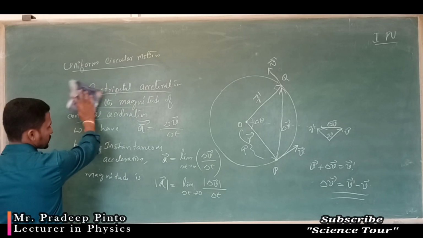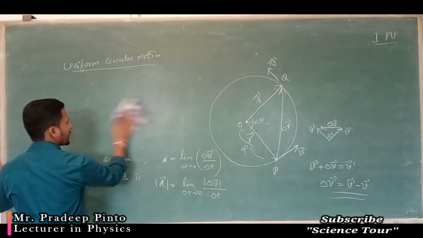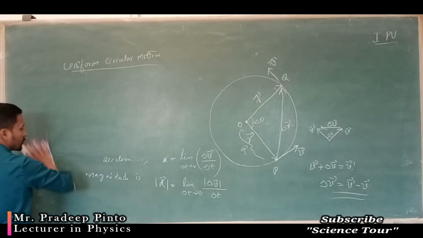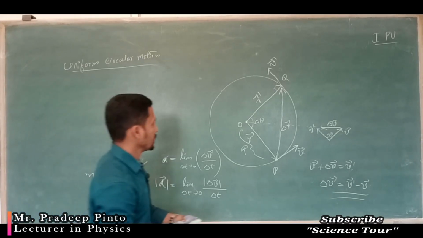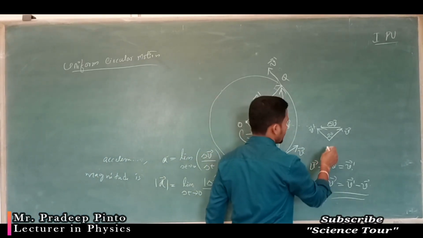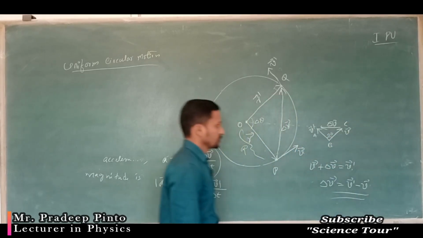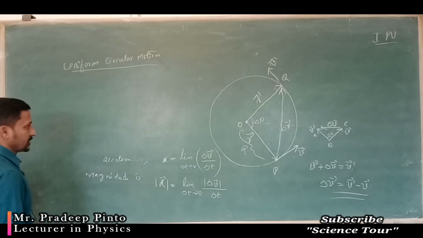I'll erase this, that last step you have to write down. Since we need the diagram, I'll erase this. Say for example, this is OPQ and this is ABC. Those are similar triangles.